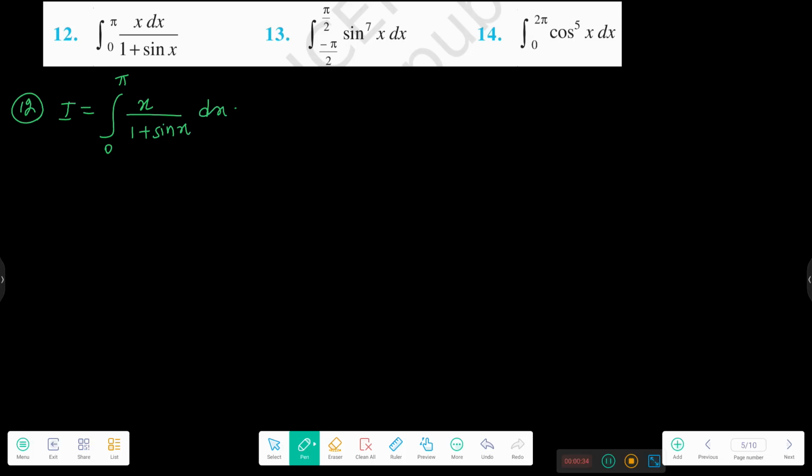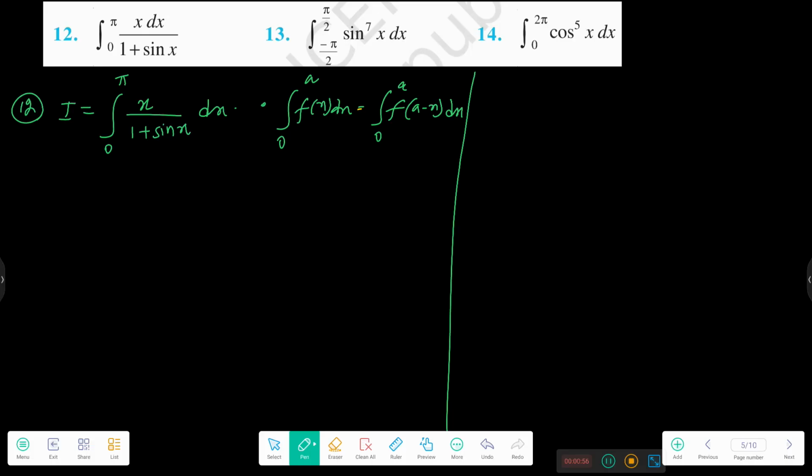Now listen, see the format of the question. It looks like the integral from 0 to a of f of x dx, which is equal to the integral from 0 to a of f of a minus x dx. That formula I am going to use.